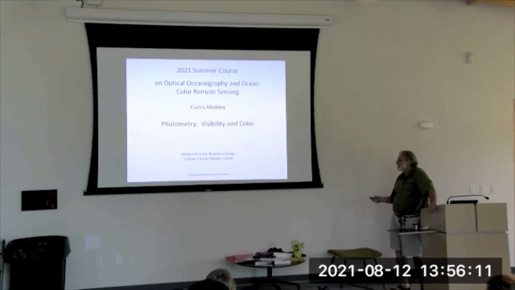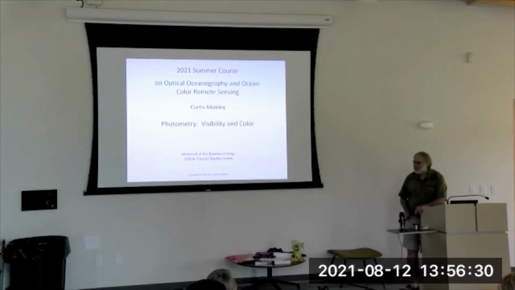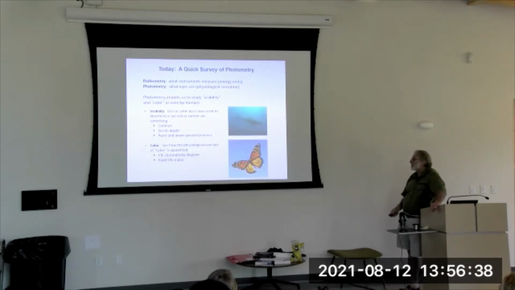That leads to this subject of photometry, and inside of that you get topics like visibility and color. Radiometry says nothing about color. Color is a perception that your eye plus your brain comes up with in order to describe what the world looks like. So in this lecture, I'm going to give you a quick survey of the whole business of photometry.